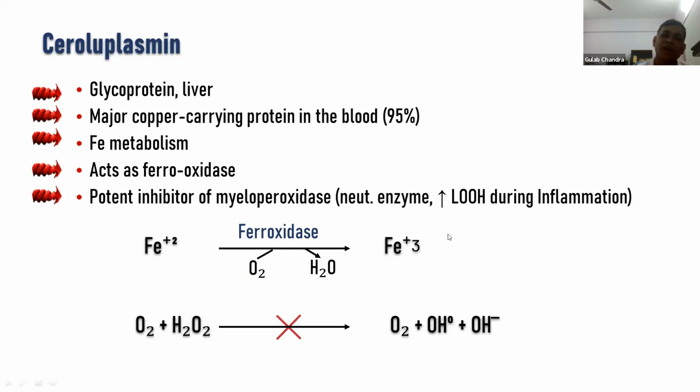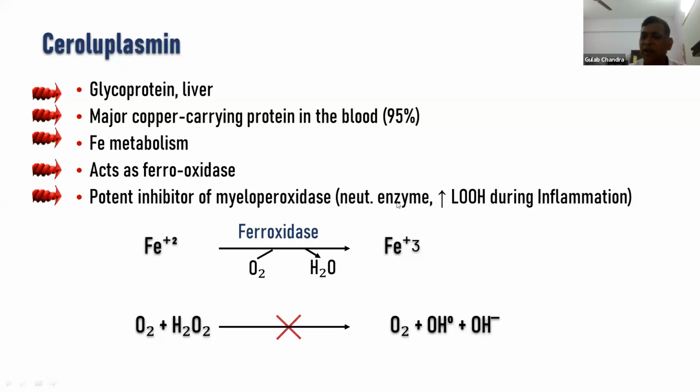Ceruloplasmin is responsible for iron metabolism, acts as a ferroxidase, and is a potent inhibitor of myeloperoxidase, which I mentioned is found in the neutrophils and promotes the production of reactive free radicals in the neutrophils.